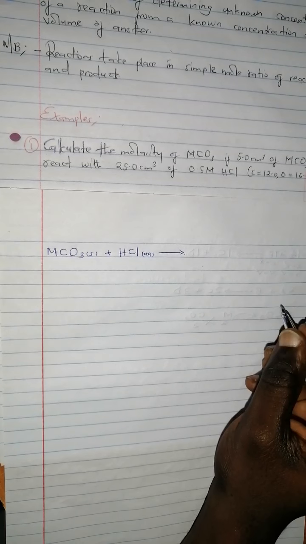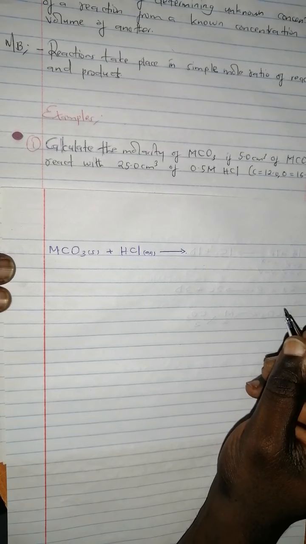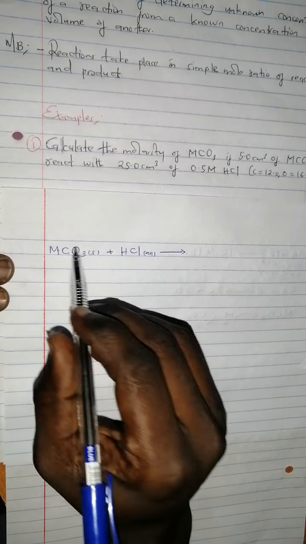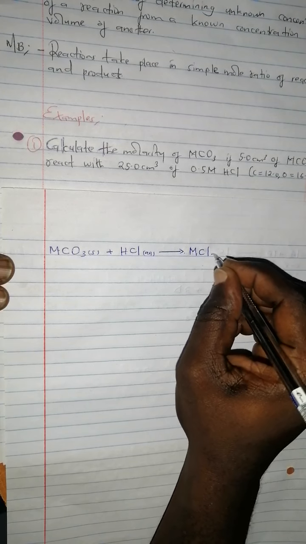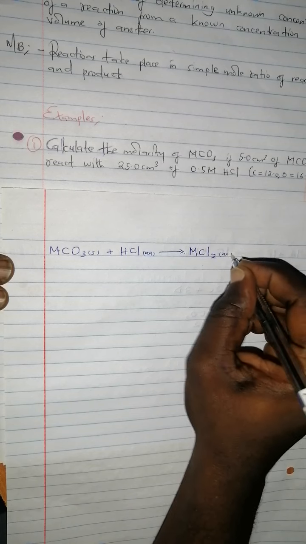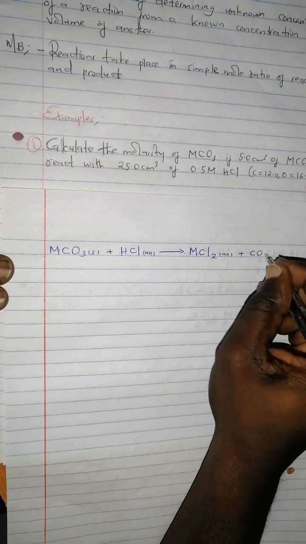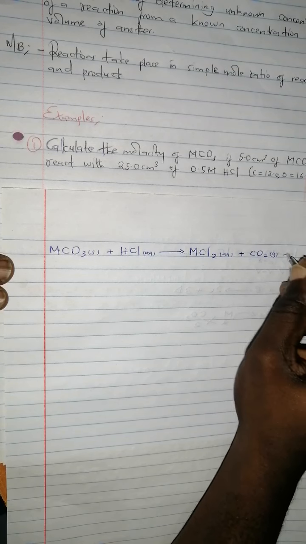When a metal carbonate reacts with an acid, it forms three things: salt, water, and carbon(IV) oxide. In this case, I form the M chloride aqueous plus carbon(IV) oxide gas plus water.